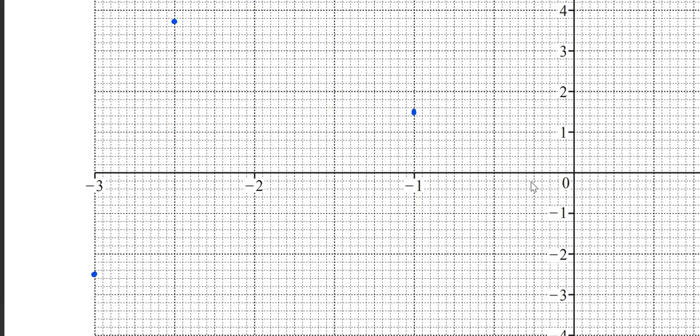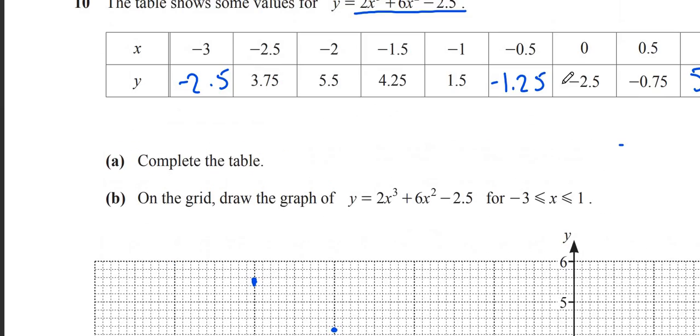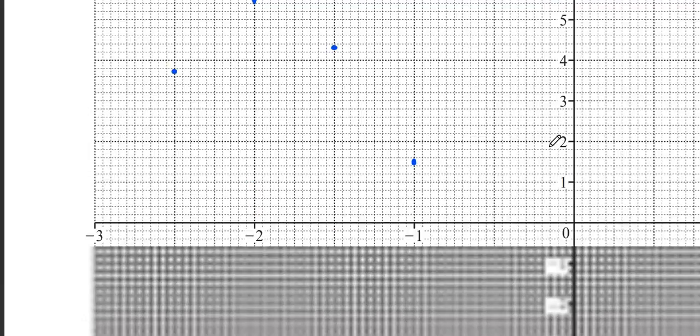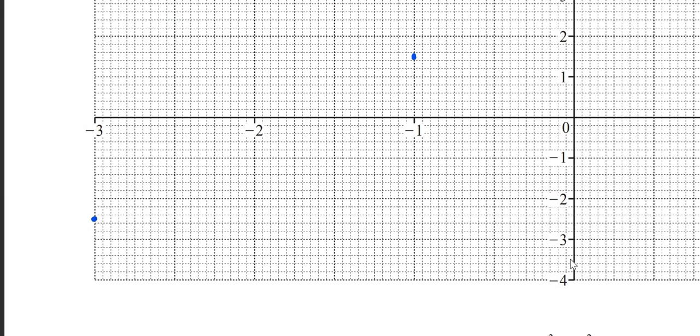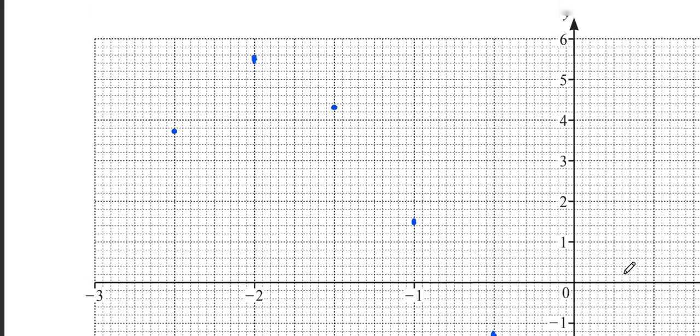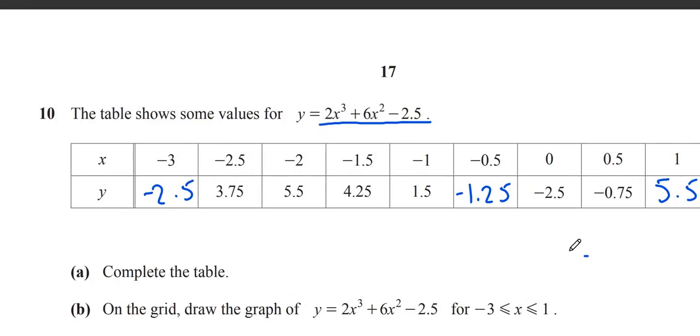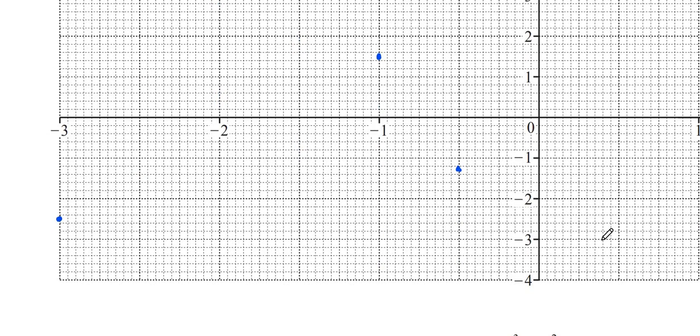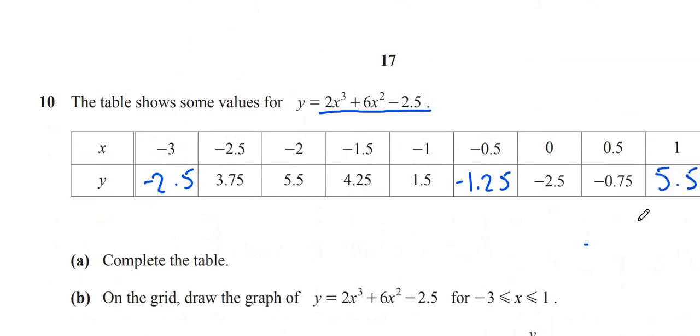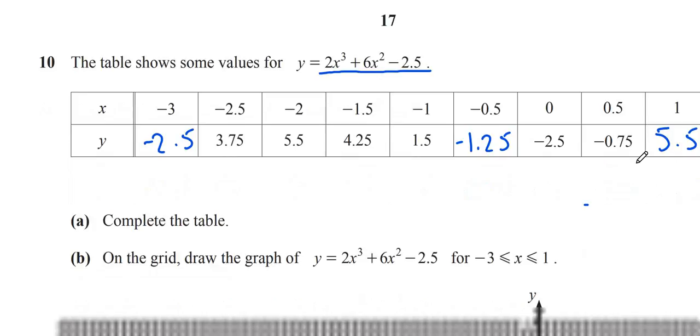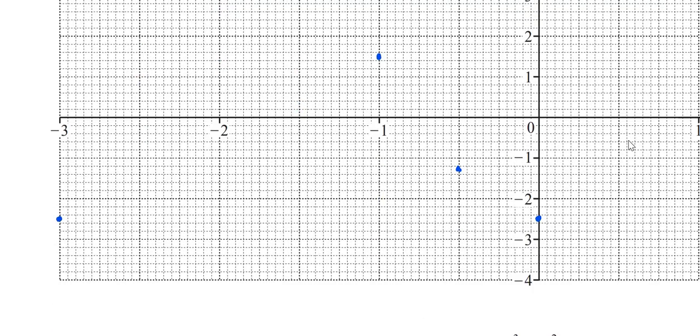So somewhere over here. Negative 0.5, negative 1.25, somewhere over here. All right. Then we have at 0, negative 2.5, at 0.5, negative 0.75.